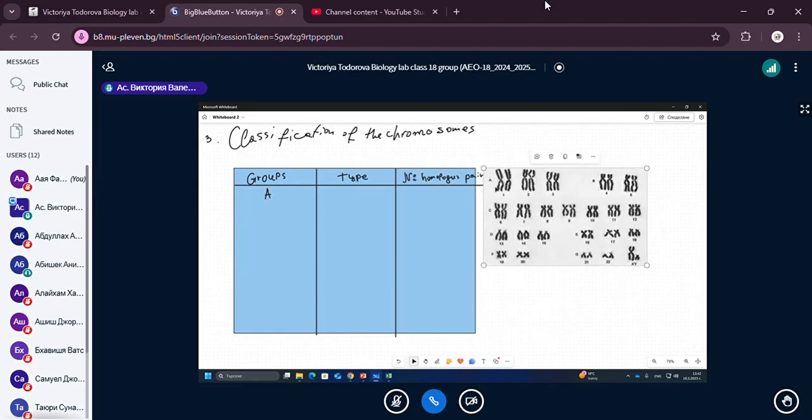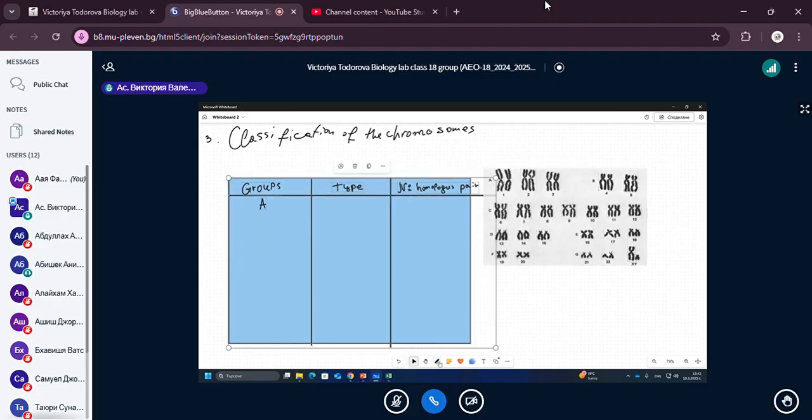As you can see, the first group A is with large metacentric and submetacentric chromosomes, the numbers from 1 to 3. After that, we continue with group B.